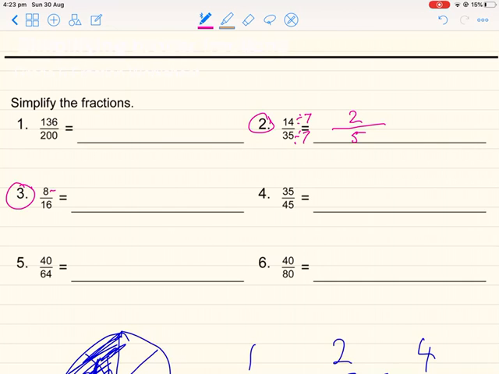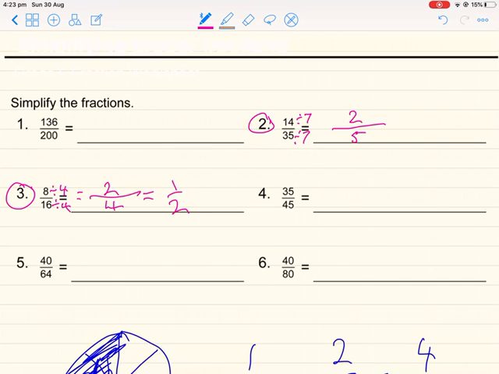So 8 divided by 4 equals 2. 16 divided by 4 equals 4. Again, I still haven't got to the lowest denominator because I haven't simplified enough, because I know 2/4 equals 1/2. What I made a mistake of there is 8 can divide straight into 16.